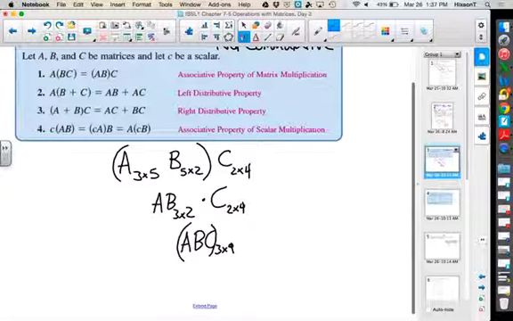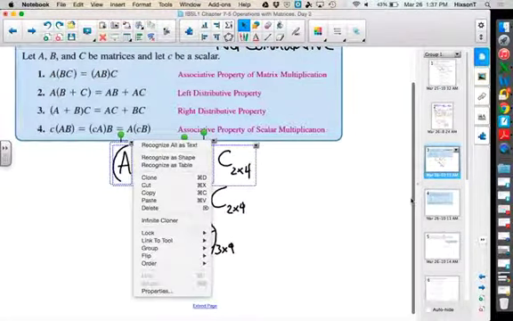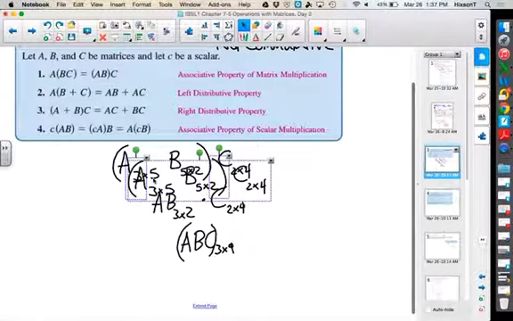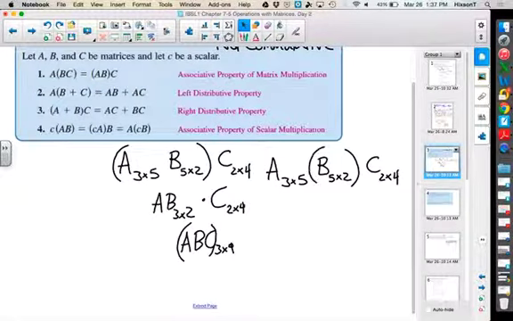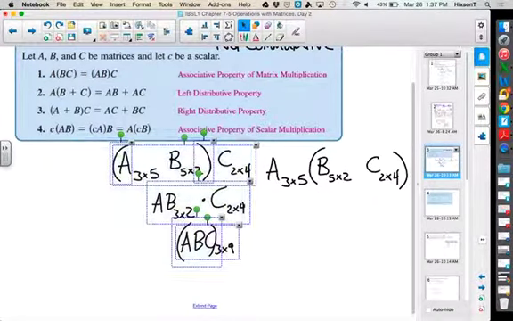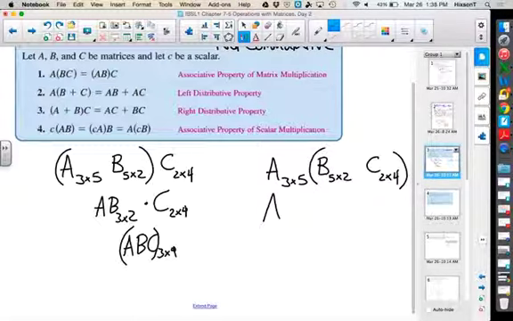Now, what if we did it using the associative property? We did B times C first. B times C is going to give us a 5 by 4 matrix.